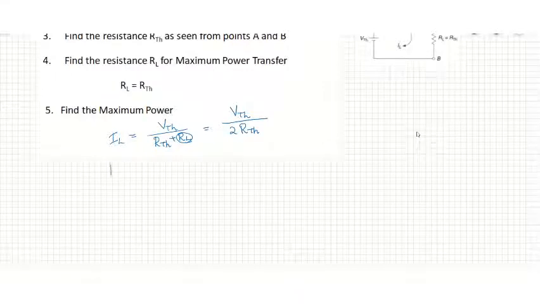Now, let's write the expression for maximum power, Pmax. When RL is equal to RTH, power delivered will be maximum. So, we can write Pmax is equal to IL square into RL.